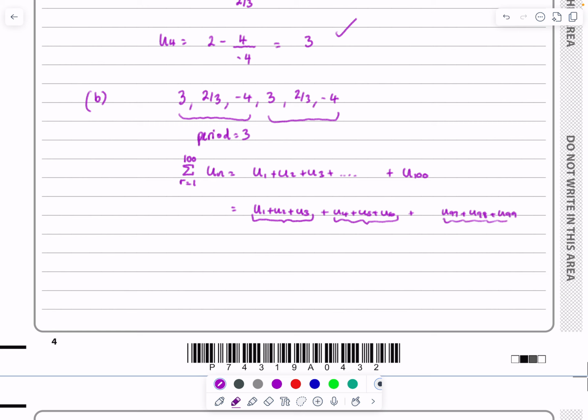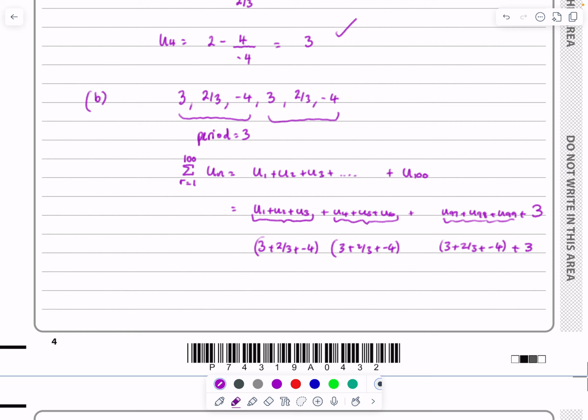We know that all of those are simply going to be 3 plus 2/3 plus minus 4, 3 plus 2/3 plus minus 4, 3 plus 2/3 plus minus 4. What's the last term going to be? Well, U100, if it's 3, 2/3, minus 4, I know that last one's going to be just plus 3 there.